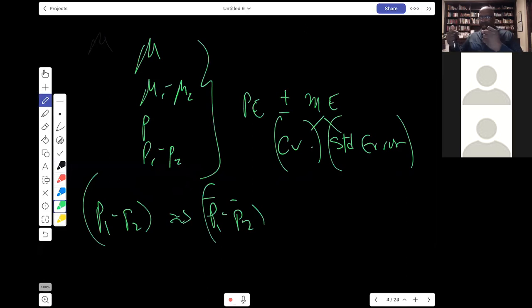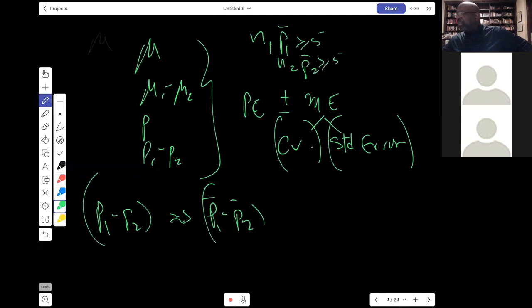And what are those conditions? You remember the conditions for the binomial to be approximated by a normal distribution. N1 P bar 1 must be greater than or equal to 5, and N2 P bar 2 must be greater than or equal to 5, but also N1 times 1 minus P bar 1 must also be greater than or equal to 5, and N2 times 1 minus P bar 2 must also be greater than or equal to 5.